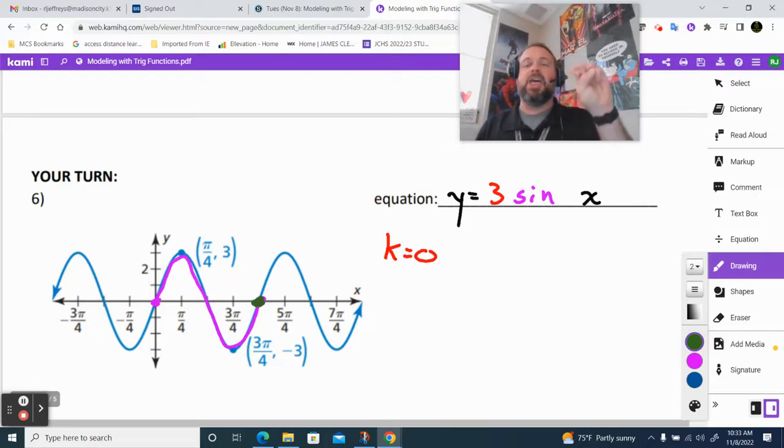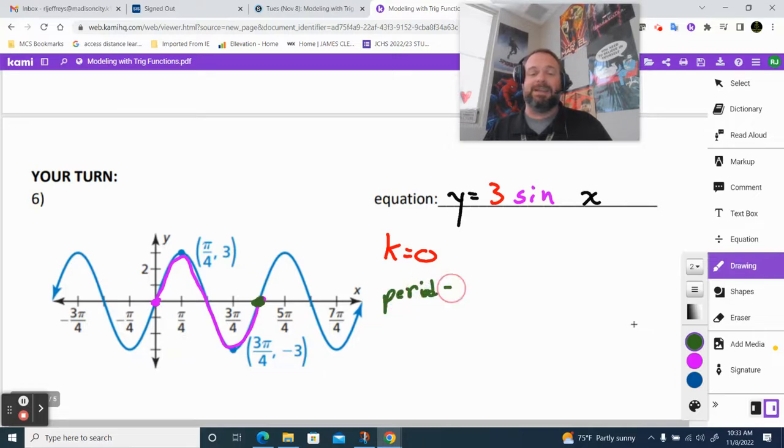Okay, think about it. 3 is over here, 5 is over here. There's something. Oh, yeah, it's 4 pi. Okay, so our period is 4 pi over 4, which is what? Pi. Okay.